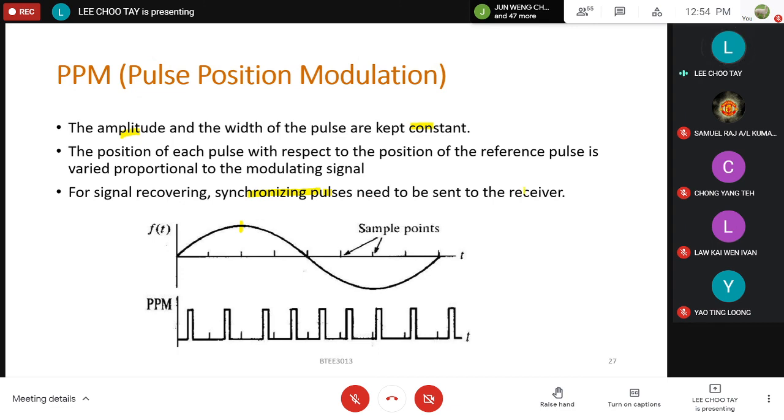You need to send the synchronizing pulse to the receiver so that the receiver knows the starting point of a pulse, the sampling time. You need to know this so that you can calculate the pulse delay time. Therefore, you need to send the synchronizing pulse to the receiver.